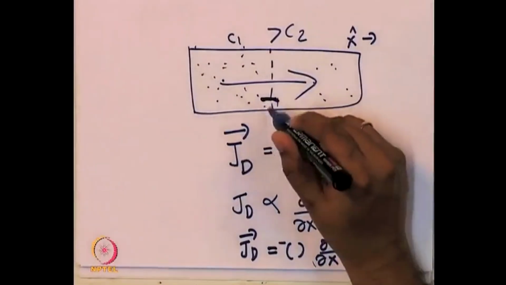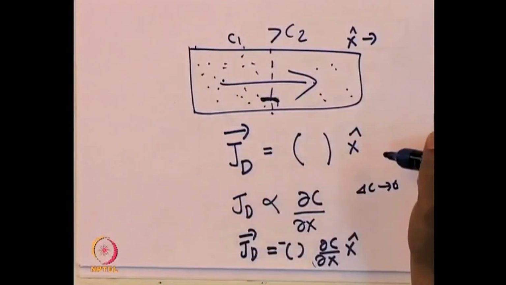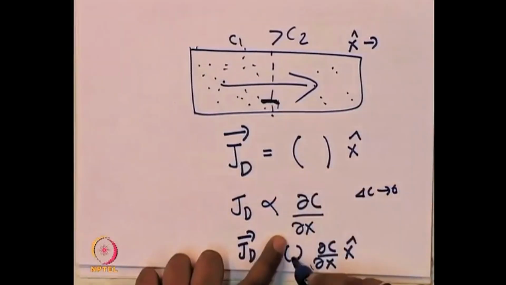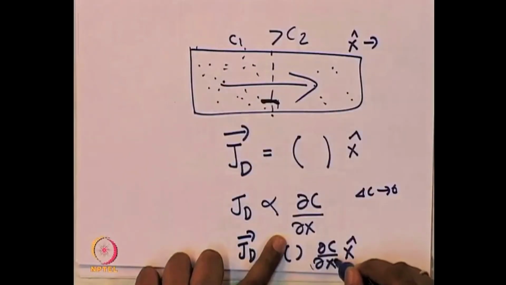So, the more the concentration difference, the more the flow. Now, you can write this proportionality constant as some constant times del C by del x. Now, del C by del x is negative, because the concentration decreases as we go along x.